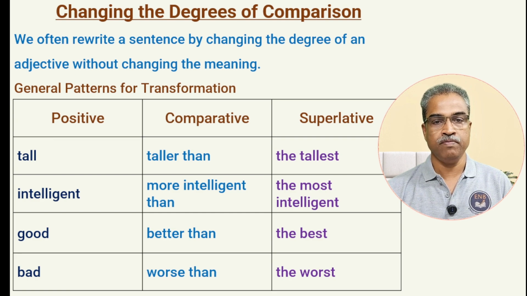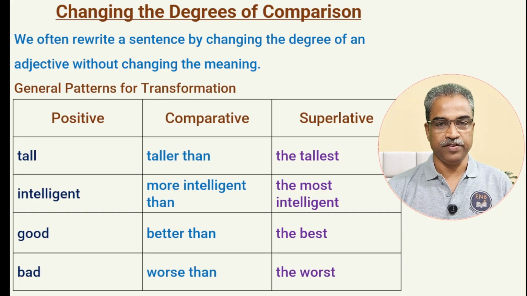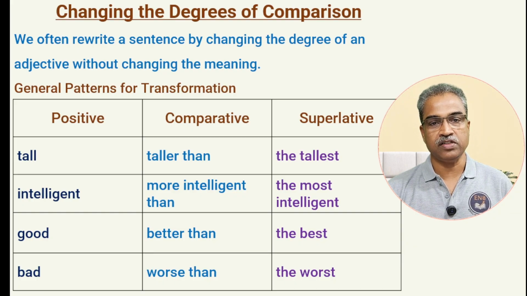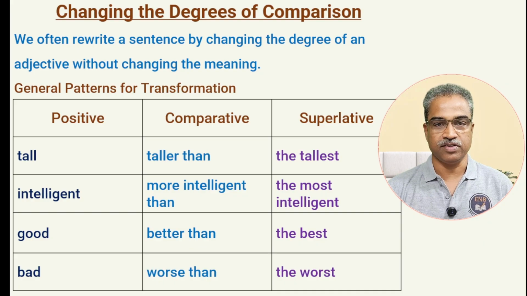Only the form, the structure, changes. And looking at that, we will be able to say, yes, this is positive, this is comparative. But the meaning of this positive and this comparative is one and the same. This is what most of you students have to do in your competitive examinations, and school, college and university examinations. So please pay attention to what I am going to tell you now.